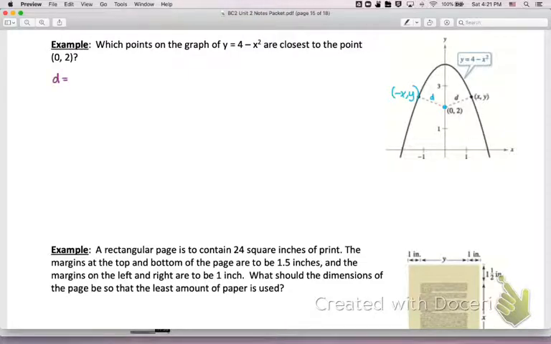If I want the distance from any point (x, y) to the point (0, 2), distance is equal to the square root of (x minus 0) squared plus (y minus 2) squared. And so we can make a substitution. They've already given us a secondary equation.